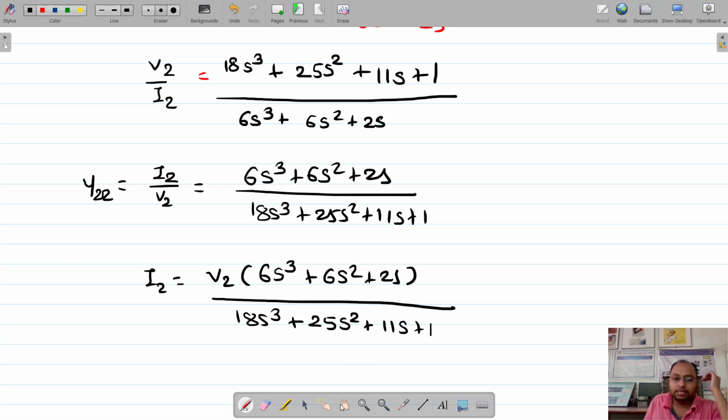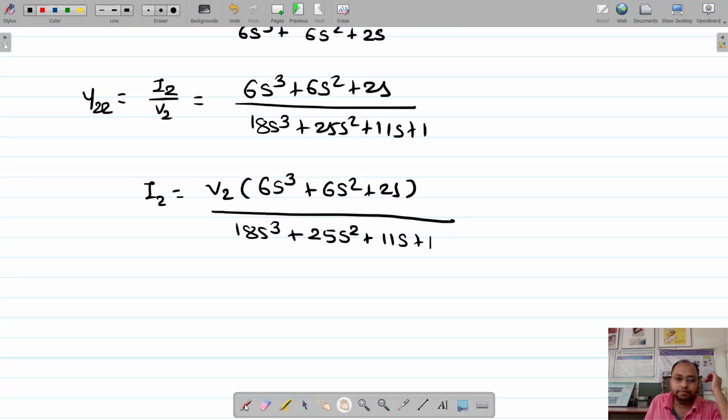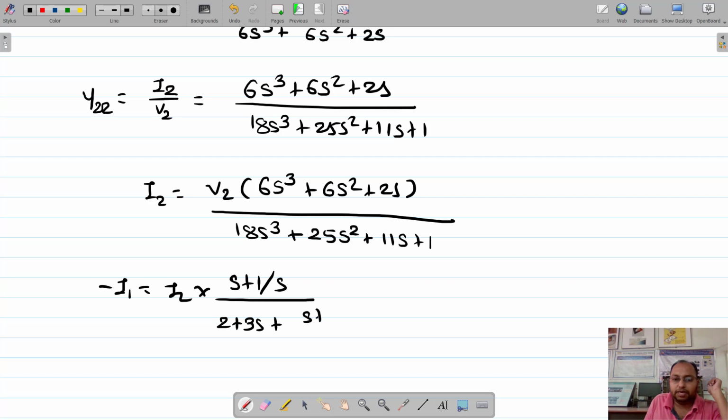Now let us go for the current division rule. Minus I1 is equal to I2 into, that is nothing but 2, yes, (s plus 1) divided by s is the opposite branch resistor, divided by 2 plus 3s plus (s plus 1) divided by s. We have already calculated this. Let us check where we have calculated it.